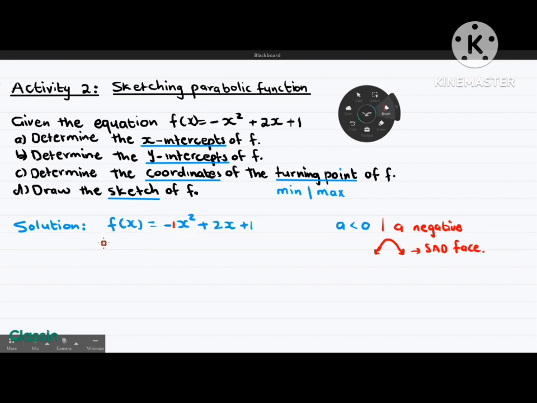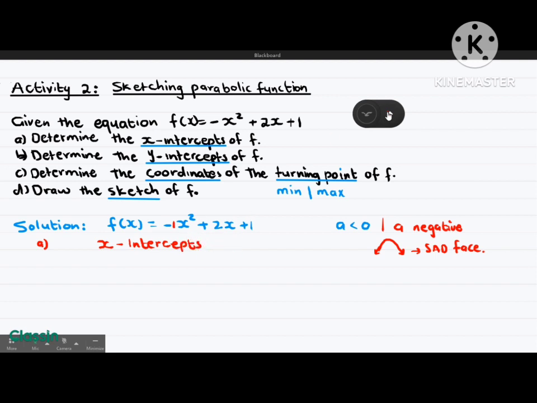So for you to say, I'm looking for the x-intercepts, that is the first thing. Now we are on number a, where we are looking for the x-intercepts.